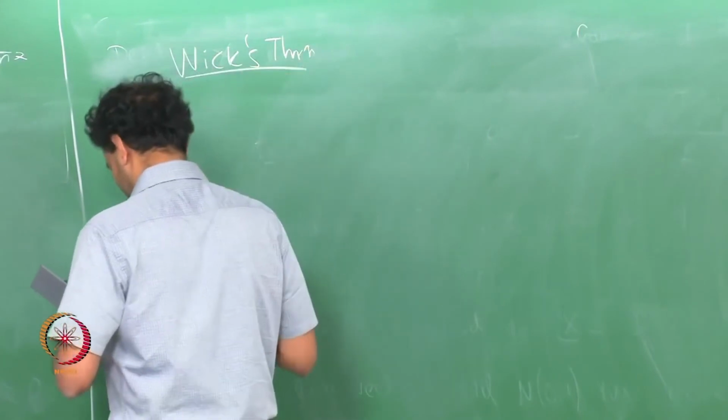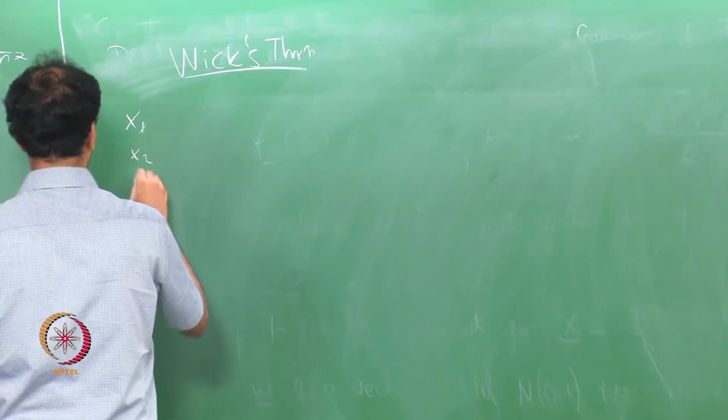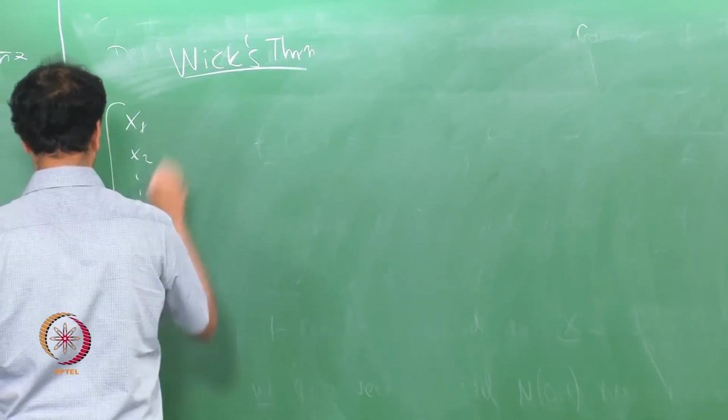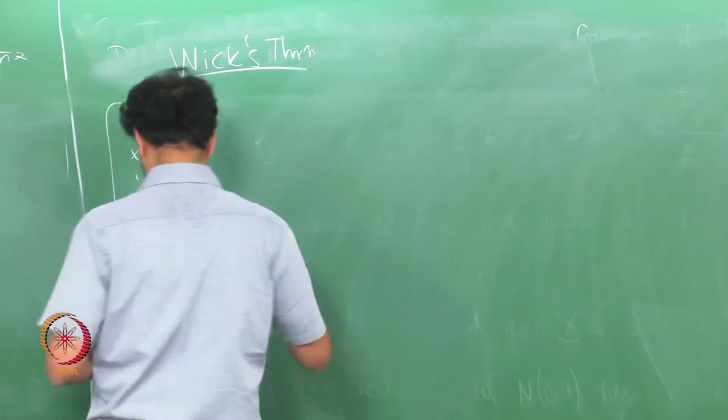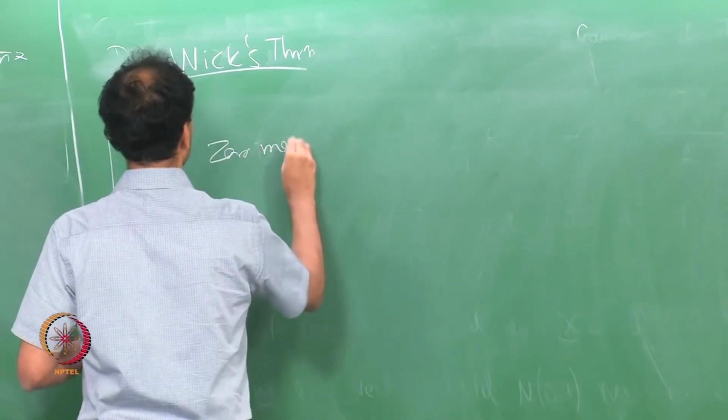Let us say x1, x2, dot dot dot, xn is a 0 mean multivariate Gaussian, let us throw out the mean because it is just a headache.